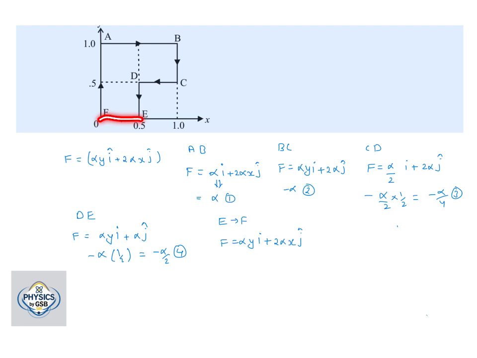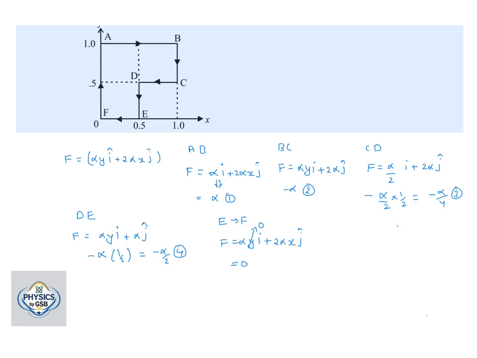And now I am moving along x axis, which implies y is 0 here. X axis means y is 0. And this force is acting in y direction. J implies force is acting in y direction and we are moving in x direction. So ultimately work done in this case will be equal to 0.